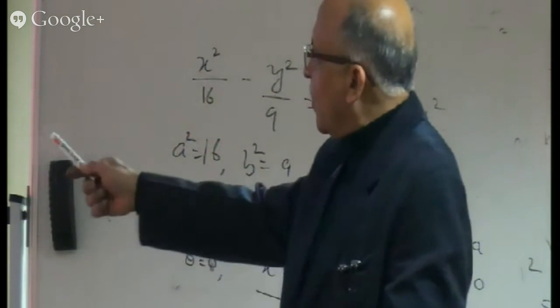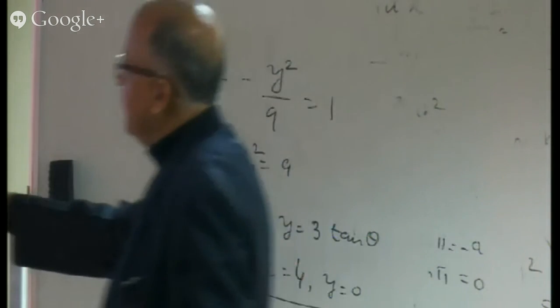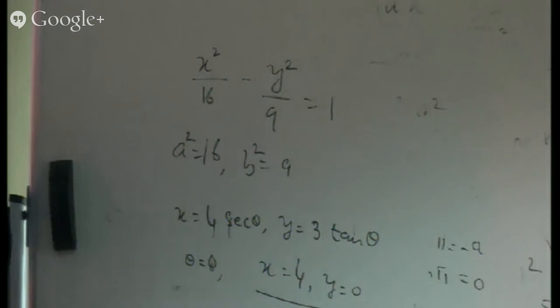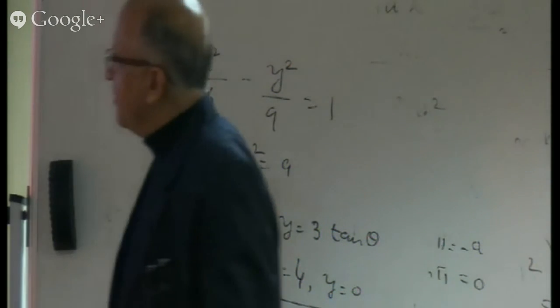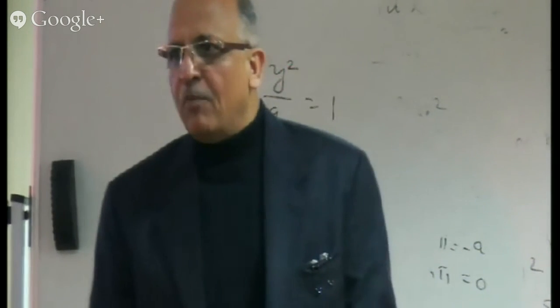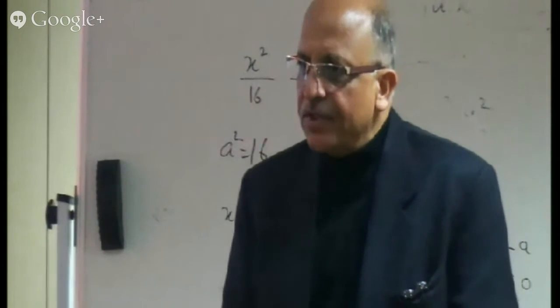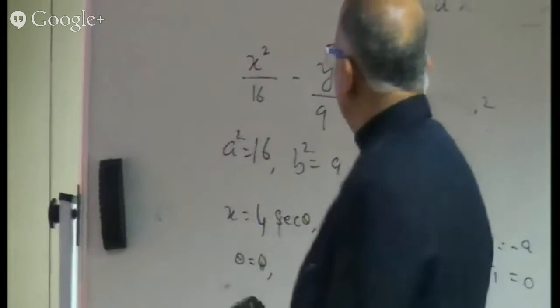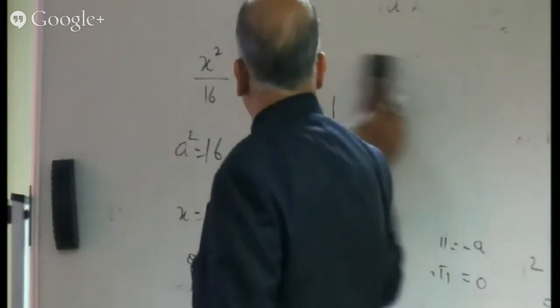When you are given a point in parametric form, we can also find the equation of the tangent. How? What is the equation of tangent?